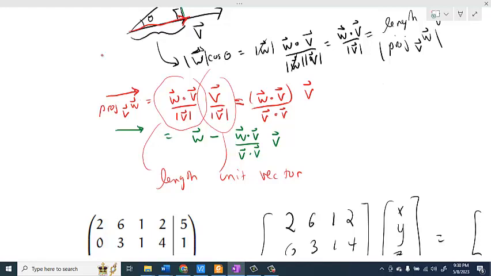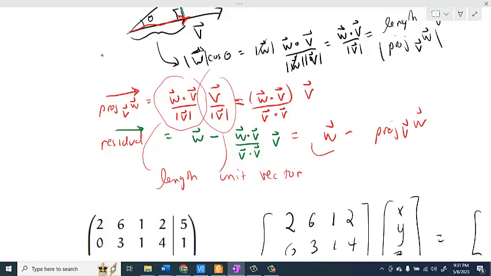So the magnitude of V is going to cancel out. But what's going to matter is the direction between V and W. So I can call this the residual. The residual is equal to W minus the projection onto V of W.